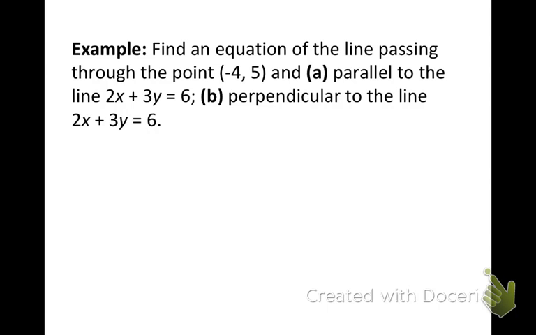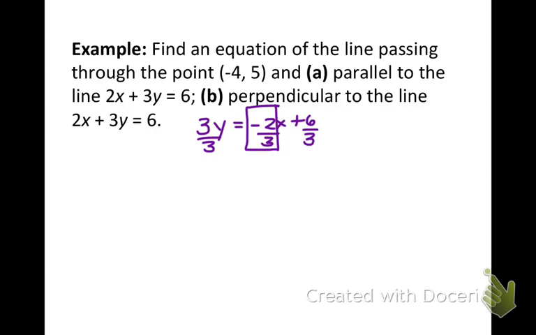Solving that for y will get me 3y equals -2x plus 6. Divide by 3, divide by 3, divide by 3. Again, I'm not even going to worry about that y-intercept because it doesn't matter to me. All I care about is the coefficient in front of the x, because that's your slope. So here's your slope.